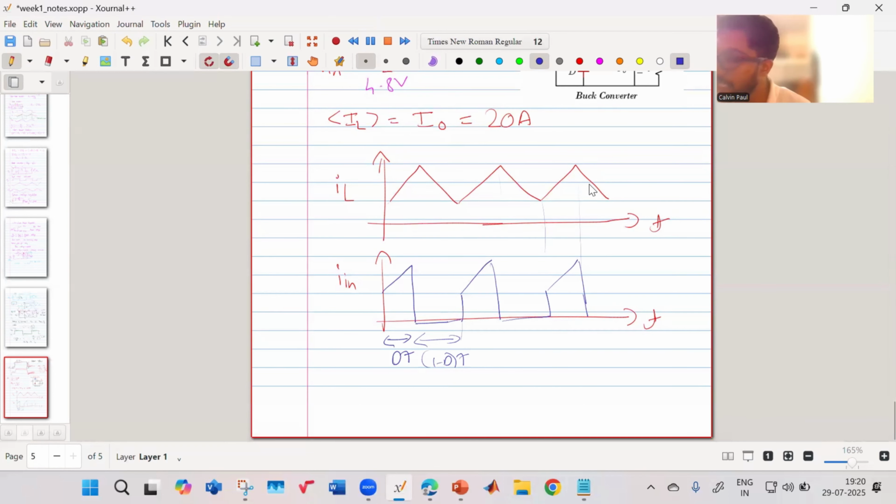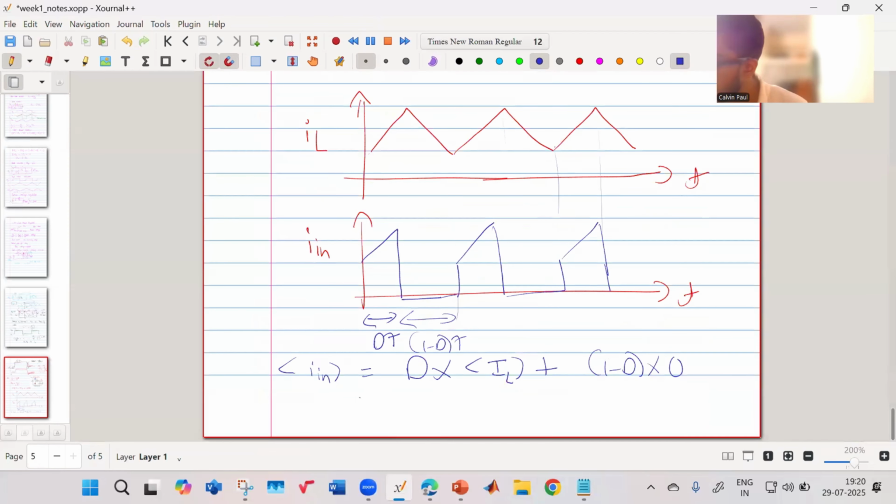So we can write: average of input current is equal to d into the average of inductor current plus 1 minus d into 0. That is why it is actually d into the average of inductor current.